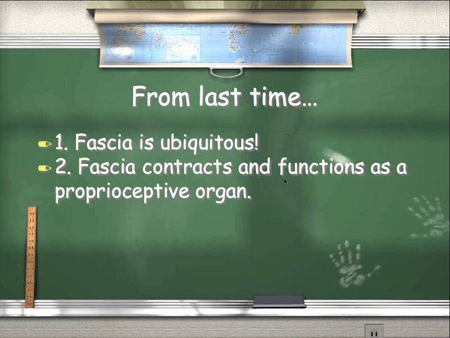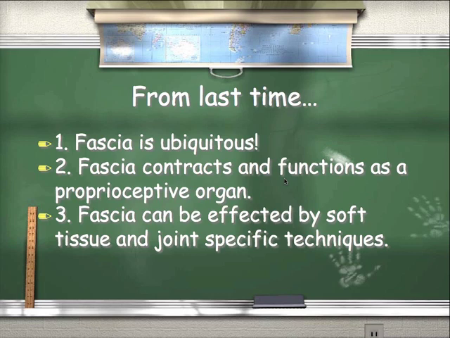And as we'll see later on in this tutorial, what happens when the fascia is disrupted and the impact it has on posture and movement. Fascia can be affected by soft tissue and joint-specific techniques. So myofascial release, neuromuscular release, joint-specific techniques like joint manipulation, chiropractic adjustments, all affect the fascial system.